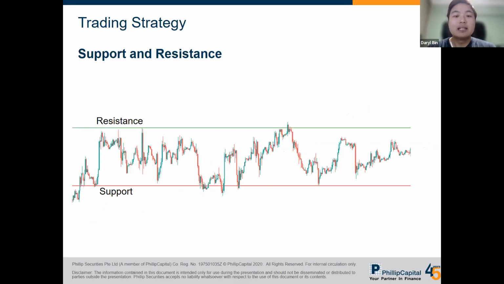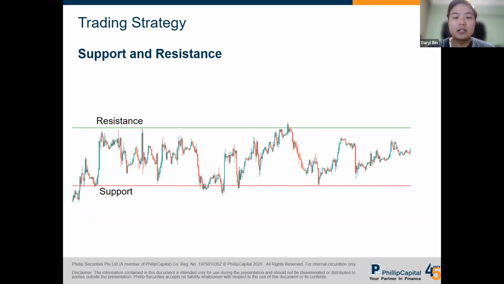So the next one is support and resistance. The green line is the resistance, while the red line is the support. The resistance level is where the price usually stops rising and dips back down. The support level is where the price stops falling and bounces back up. From this chart, we can see that the FX pair respects the support and resistance.